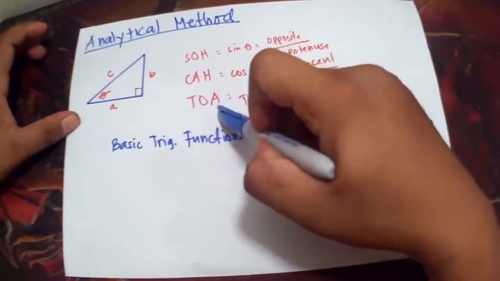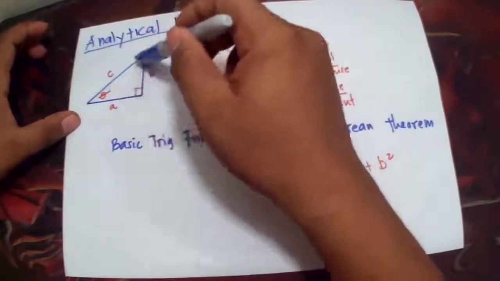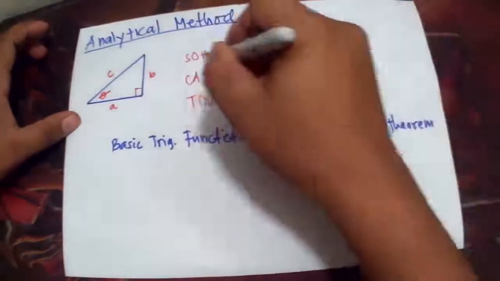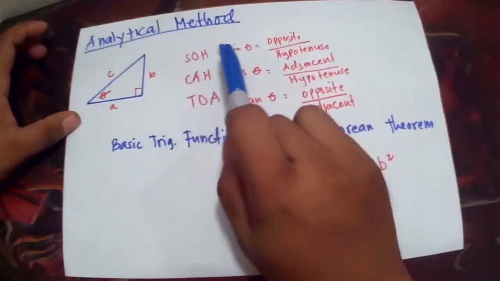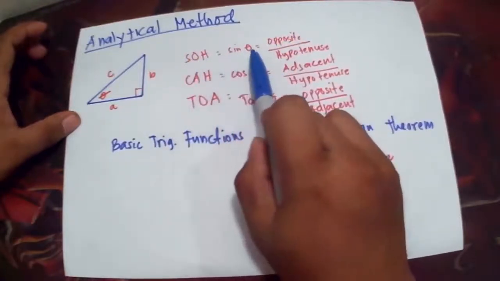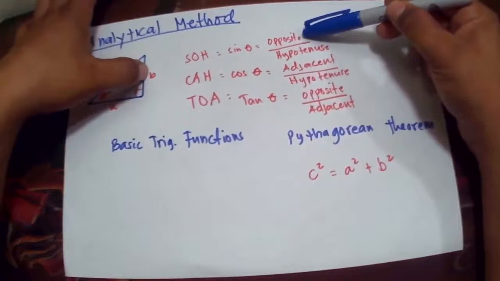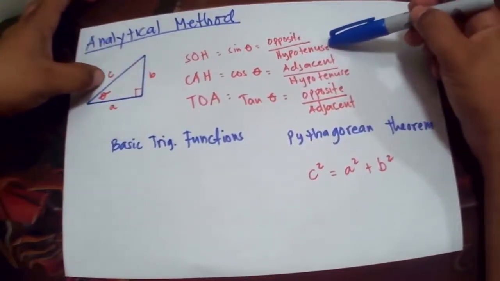Basically, if we get the ratio of each of the sides here, we arrive at these expressions. For the term SOH, that stands for sine theta equals opposite over hypotenuse. The opposite here is side B, and the hypotenuse is side C, the longer side of the triangle.